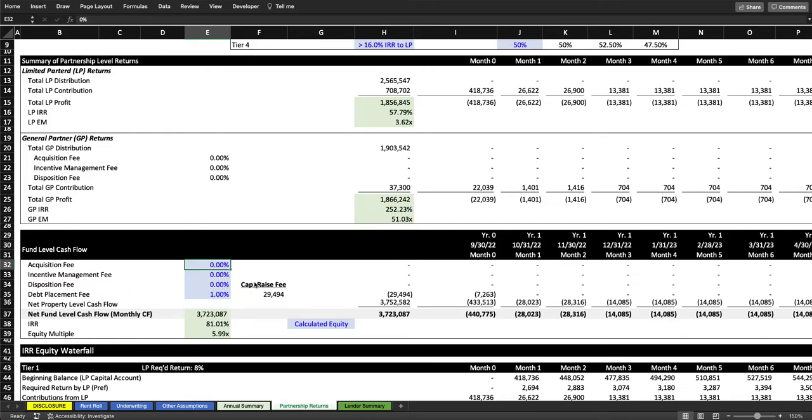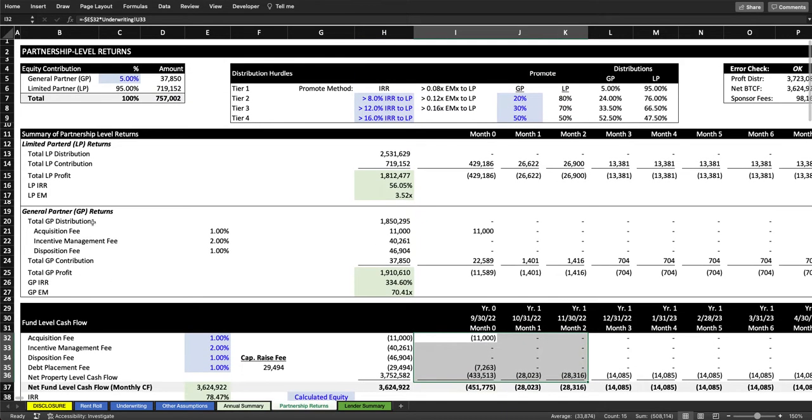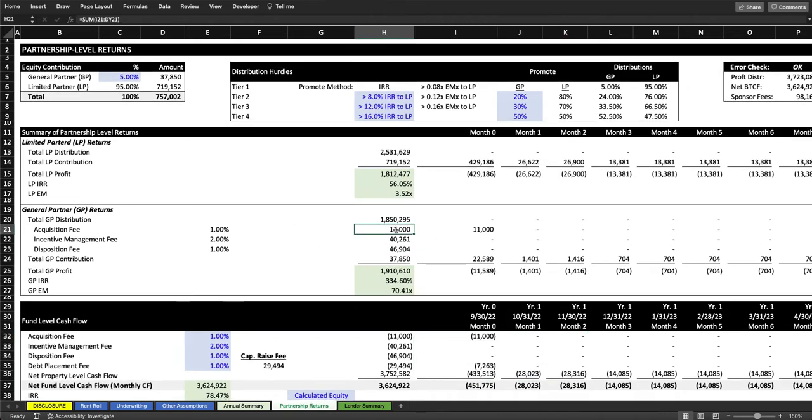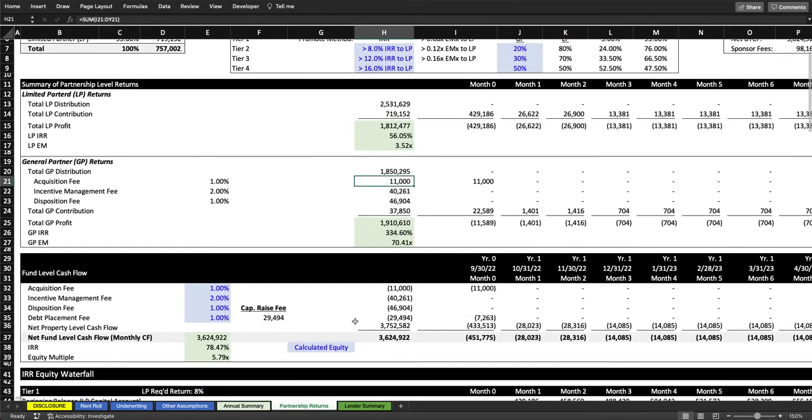So if you say the sponsor or the GP, the general partner, if you say the acquisition fee is 1%, the incentive management is 2%, the disposition fee is 1%, you'll notice the general partner is receiving all of these, and all of these are being factored in at a fund level. So the GP is actually, it's kind of interesting, paying 5% of these costs to himself, but that's just how we have it modeled out to be most fair.